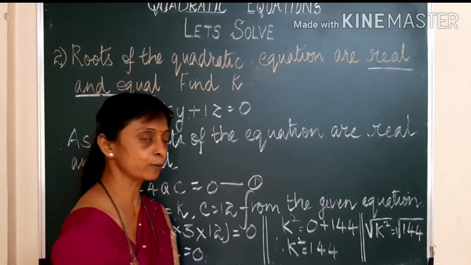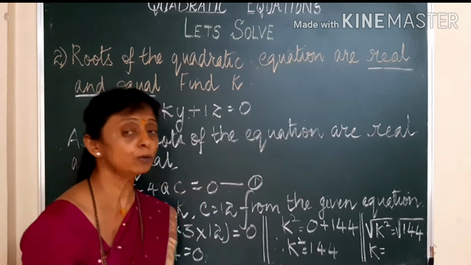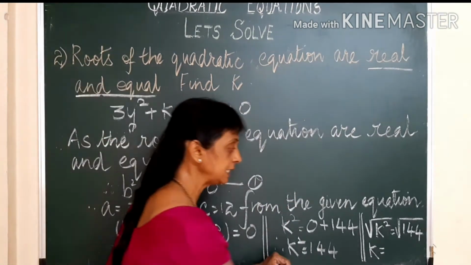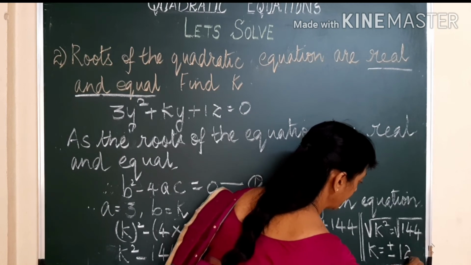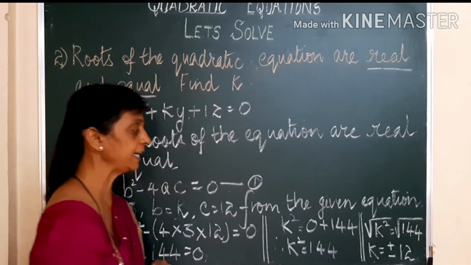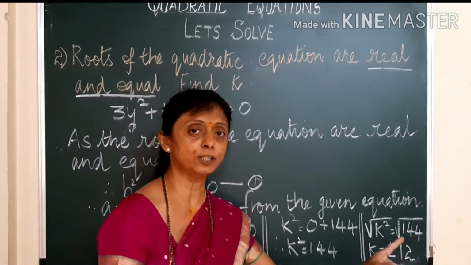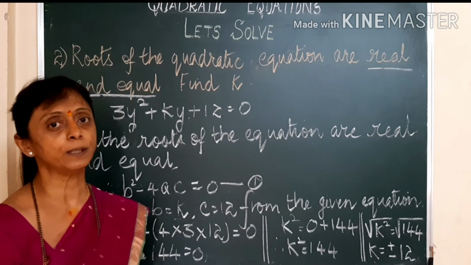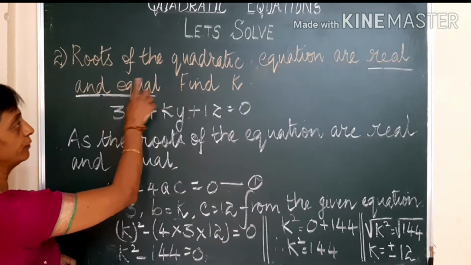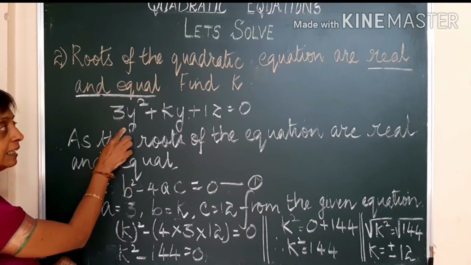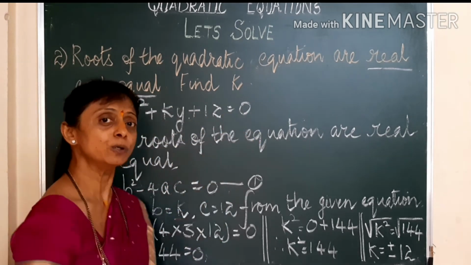Now, what is the square root of k square? It is k, which will be equal to square root of 144, which is plus or minus 12. So which are the two values that you get? k is equal to 12 or k is equal to minus 12, or in other words plus 12 and minus 12 are the values of k for the given quadratic equation 3y square plus ky plus 12 is equal to 0.